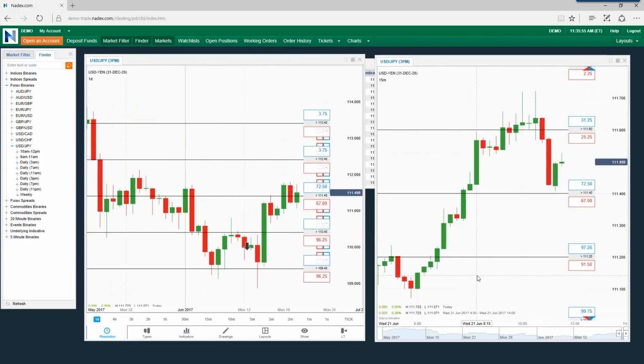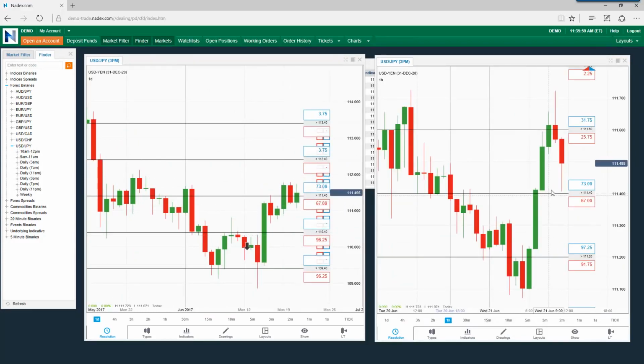It would be important for me for them to break that high. That's when I go down to a 60-minute chart and say, okay, I'm going to wait and see what this price bar does. If it continues to be a reversal bar, then you could potentially have an entry point. But then you have to consider, do you want to use out of the money, in the money, or at the money?